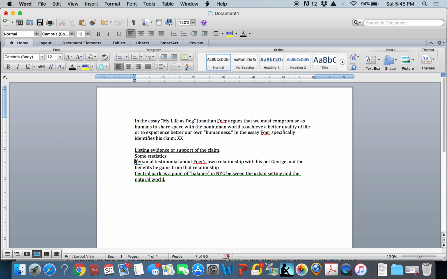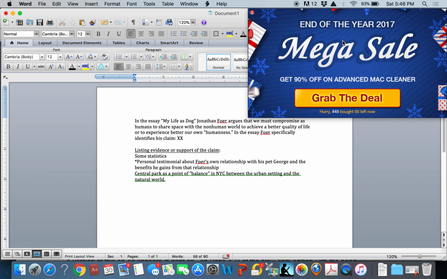The bulk of it, and I might put a star there, is personal testimonials about his relationship with George. He gives us Central Park. And so what you have to decide is whether or not this evidence is effective in terms of supporting his claim, if it was a good strategy, if these pieces are solid and contribute to the overall persuasiveness of this idea that we just came up with.